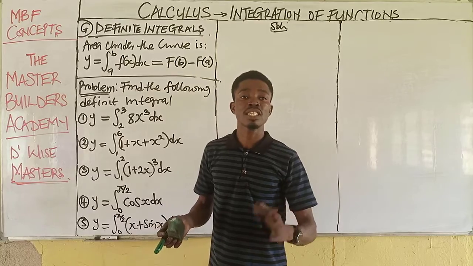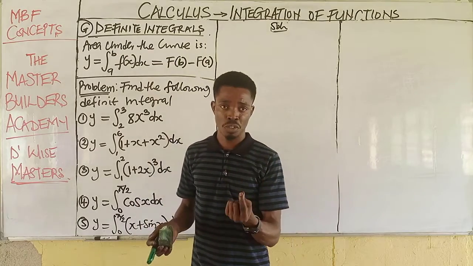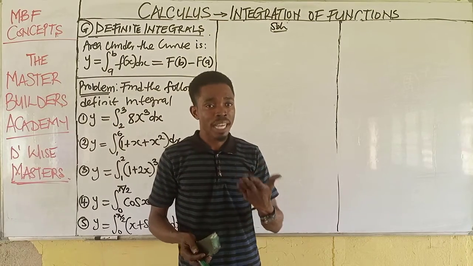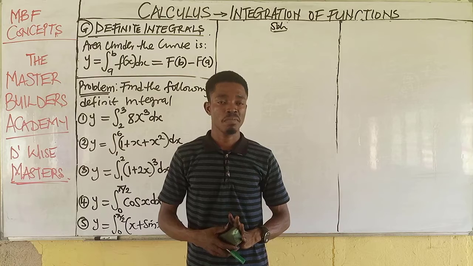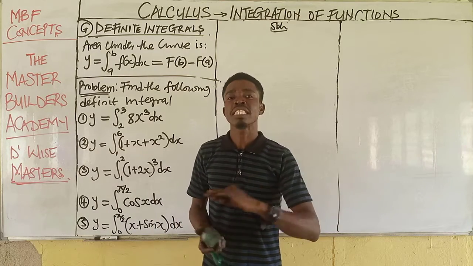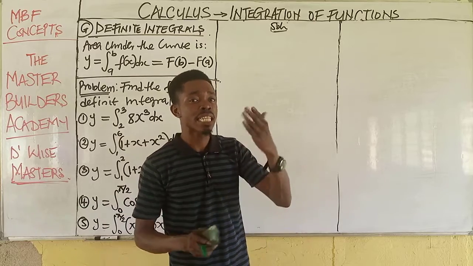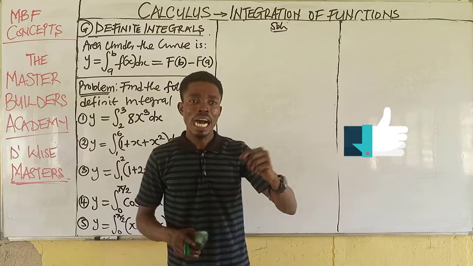Definite integral is when the value of the integration function is obtained in values, not in variables, not alphanumerical functions, but in values. For definite integrals, you are given the upper limit and the lower limit.